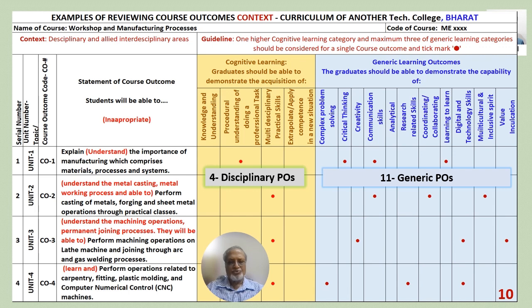So that is how you should document the new curriculum showing the CO number, CO description, then related POs, disciplinary POs, and related generic POs.